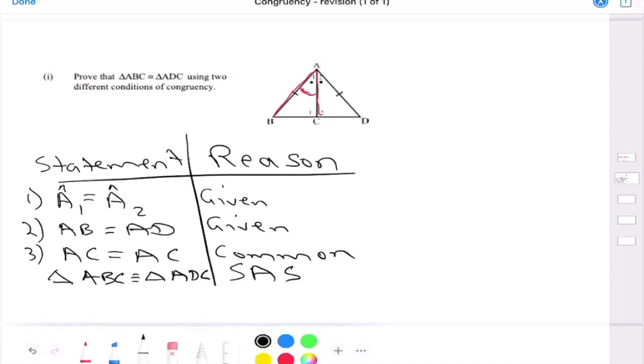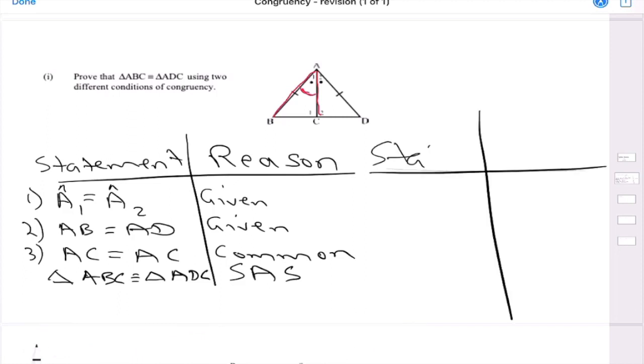It says prove that using 2 different conditions. So that means we can actually prove that the 2 triangles are congruent using another method. Right. The other method that we could use is this one here.